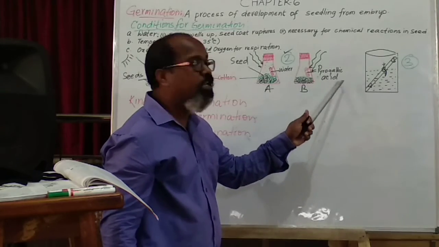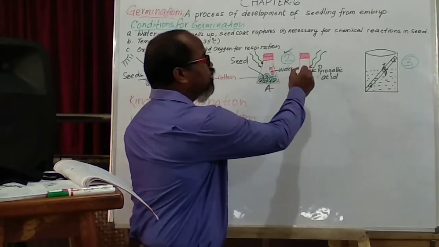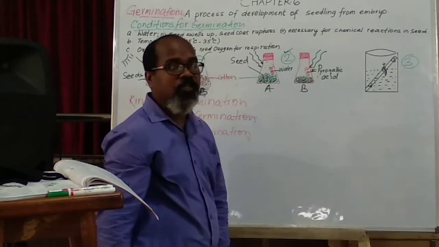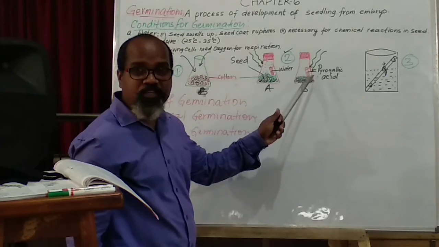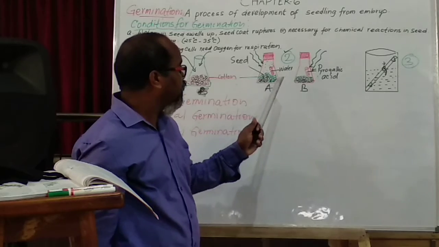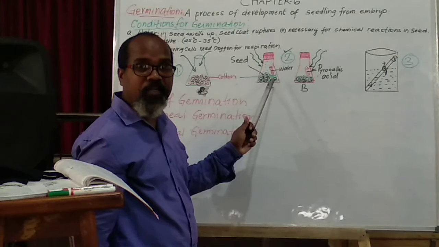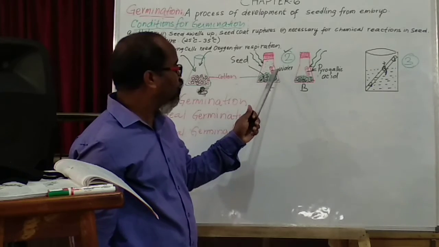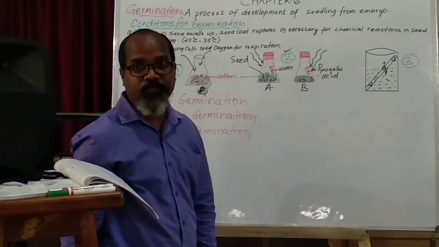This pyrogallic acid absorbs all the oxygen which is present here. So there is no oxygen. And because there is no oxygen, the seeds are unable to respire and they do not germinate. But in flask A, the condition is different. All three conditions are supplied and the seeds are germinating.